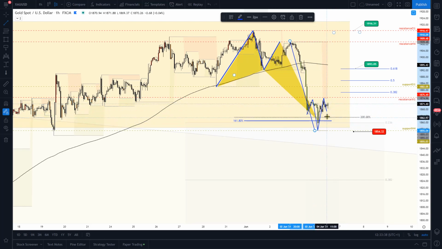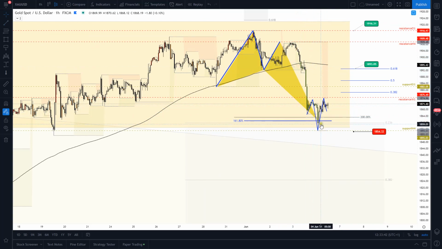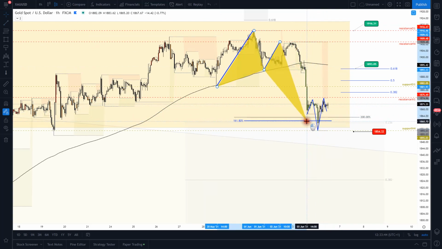But when converging with one harmonic pattern, which is the case, the probability will increase significantly, of course, for the price to react accordingly to the default expectations that we have for both of the patterns, for the inverted head and shoulders and the crab pattern.